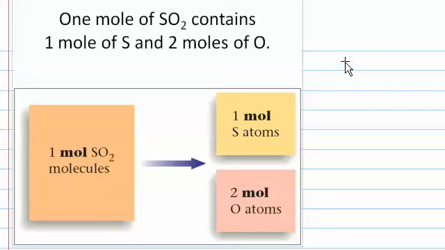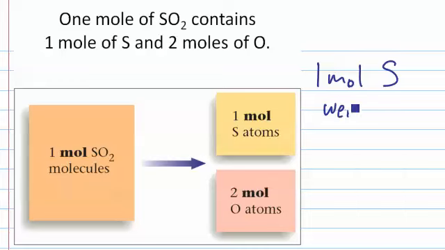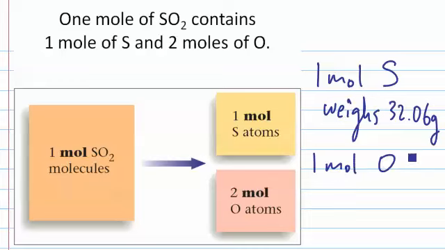Well, we know that 1 mole of sulfur atoms, based on our periodic table, weighs 32.06 grams, and 1 mole of oxygen weighs 16.00 grams.